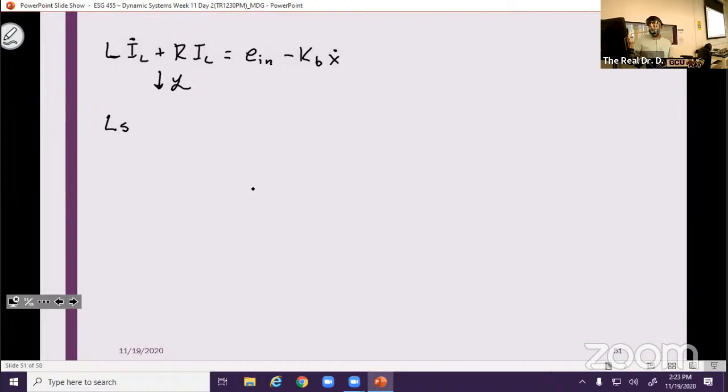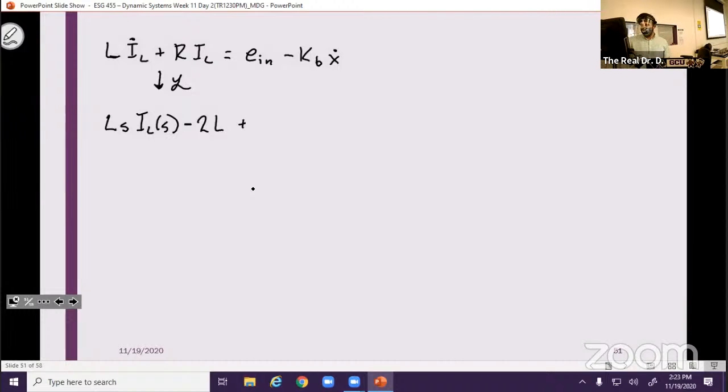If I take the Laplace transform, this becomes LS IL of S minus, not 2 times L, no, LS. Why? The first derivative: S times the function minus the initial condition. The initial condition is 2 amps. L is a constant.